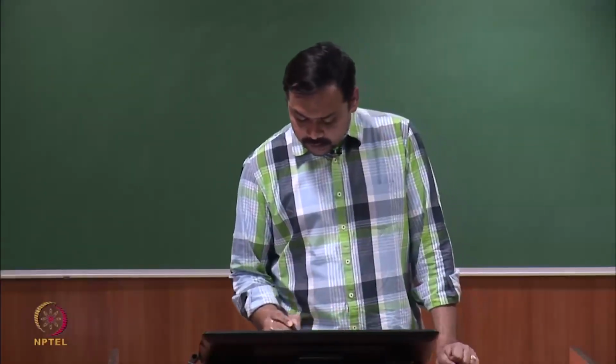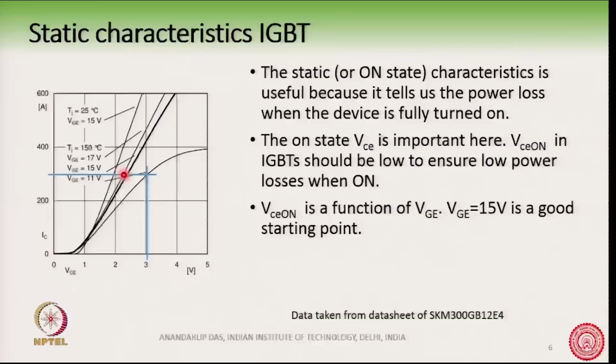Okay. So, this is what we said, that if the gate emitter voltage is 15 volt, it is a good starting point. So, it is like somewhere here. Too high a value of VGE, even if you go more than 15 volt, it is possible definitely, and VCE will go smaller and smaller.